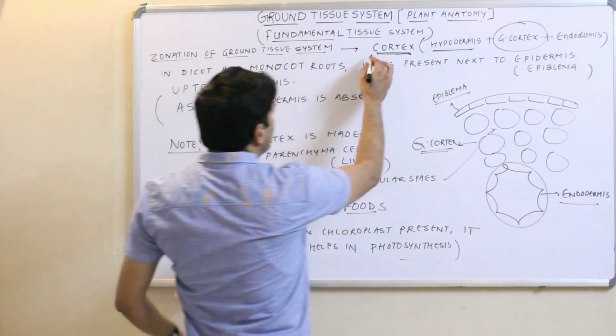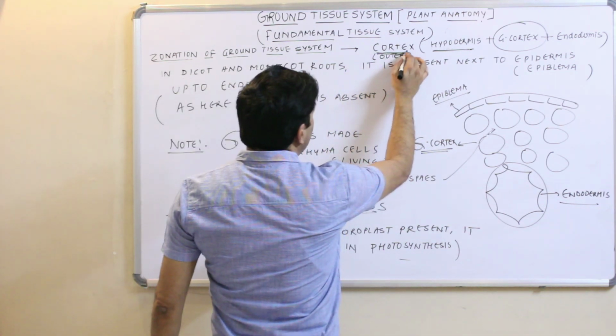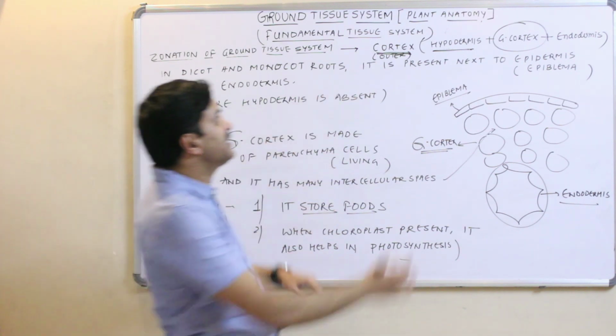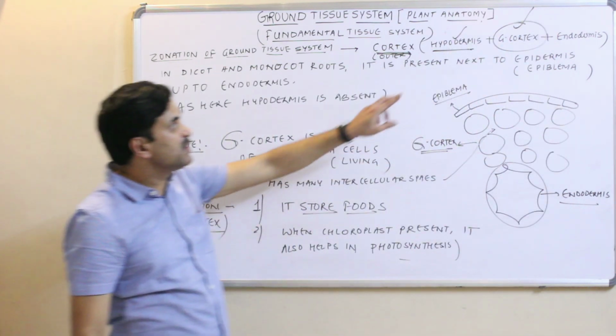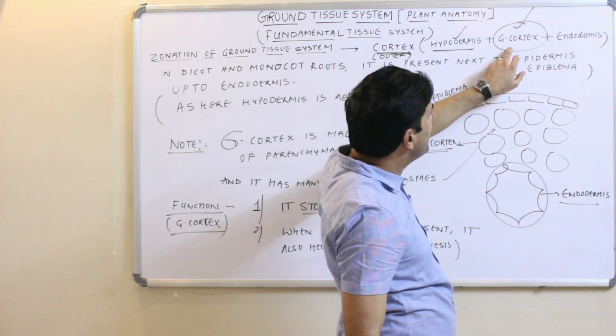All right. So we are talking about the zonation of the ground tissue system, and we have started the outer cortex. In this outer cortex, we have studied the hypodermis and the general cortex, which is the middle one.